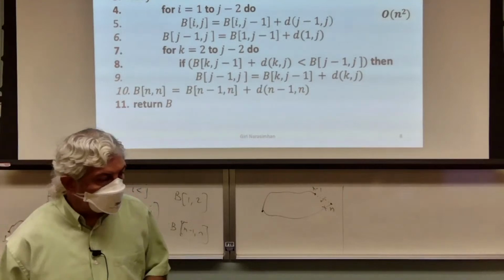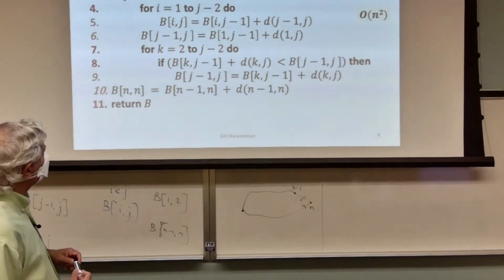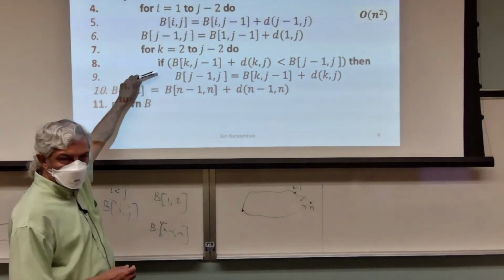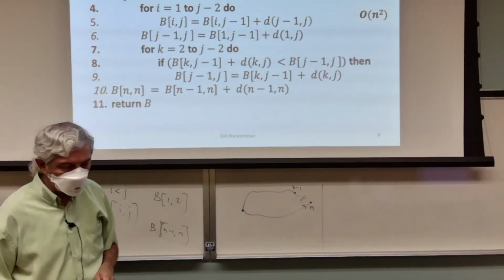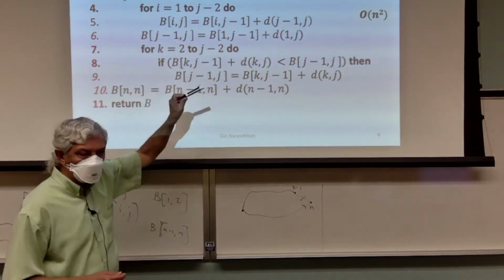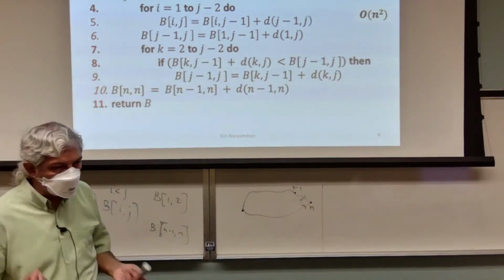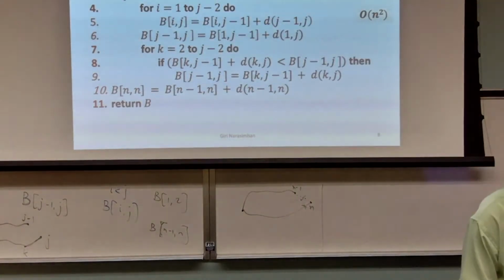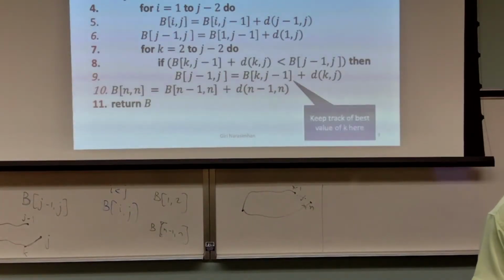That's another way to think about this: your Bij in this case is straightforward. It's only in this case that you have to worry about it. But depending on which k you picked, if you can remember that k, then you're in good shape and you can reconstruct this.